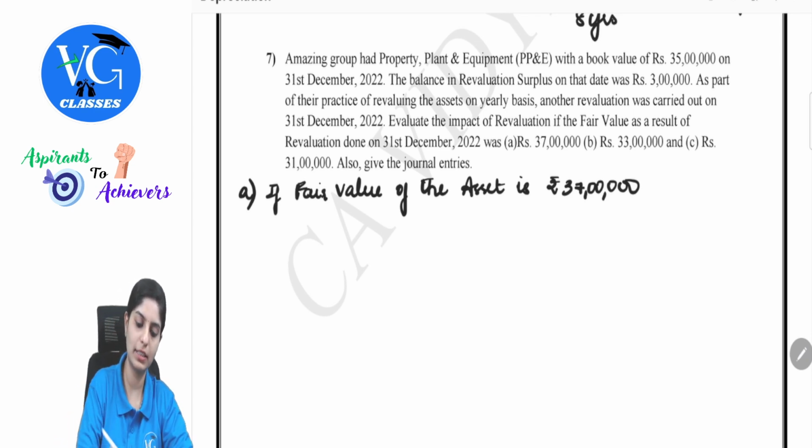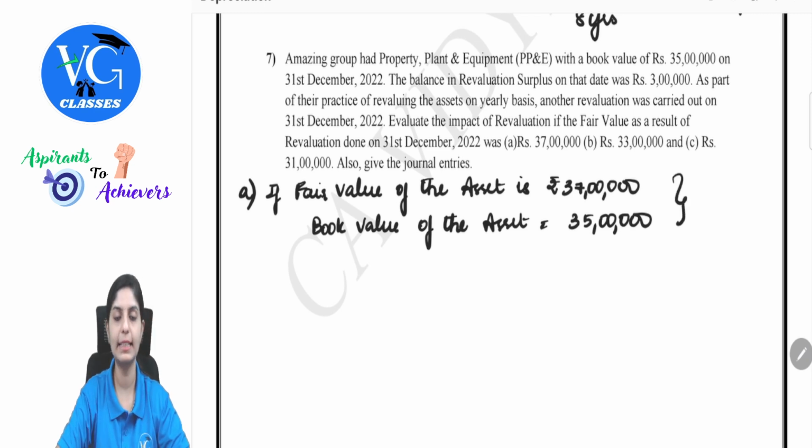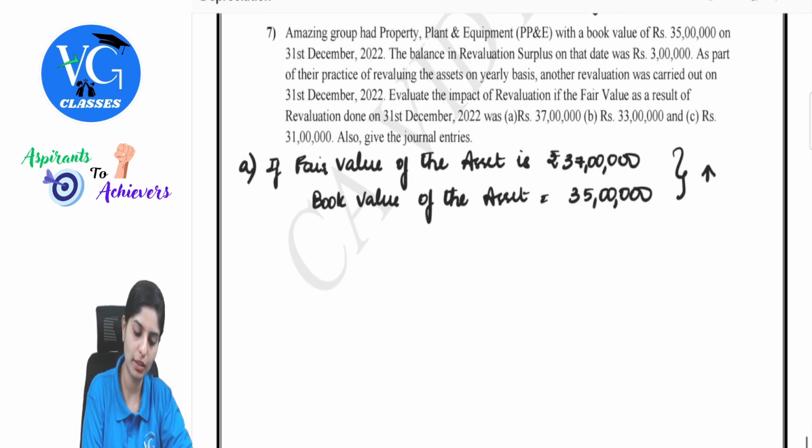As on 31st December, book value of the asset was 35 lakh. So if you observe, comparing this with book value, is the asset increased or decreased? There is an increase in the asset. So the increase will be credited to which account? Revaluation reserve account.